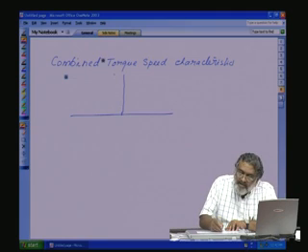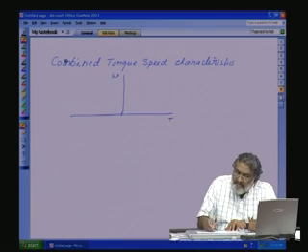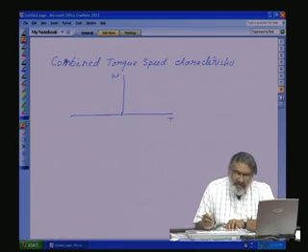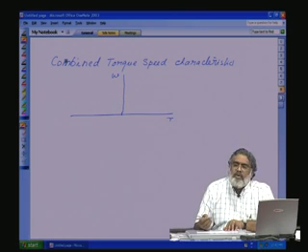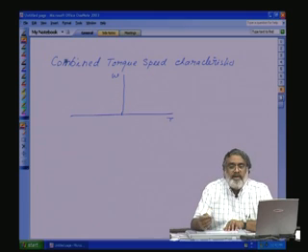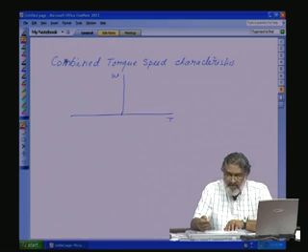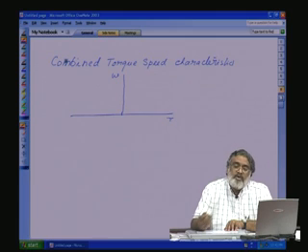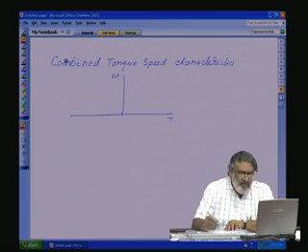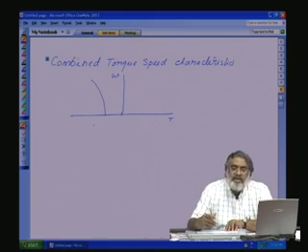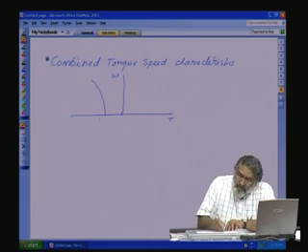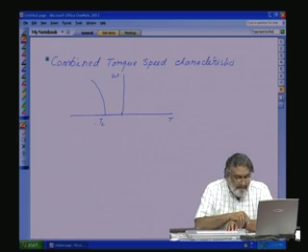This is omega, this is T. Now, the load torque is not in your control. Load torque will keep on varying, and for a stable operating speed in a speed control system, the driving torque should match the load torque. So, let us take a typical load, something like this. I have put it on the negative axis, because this is the opposing torque. This I will call the load torque.